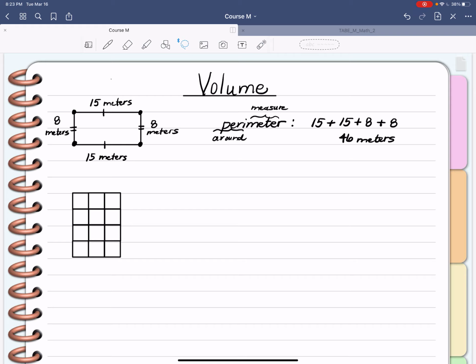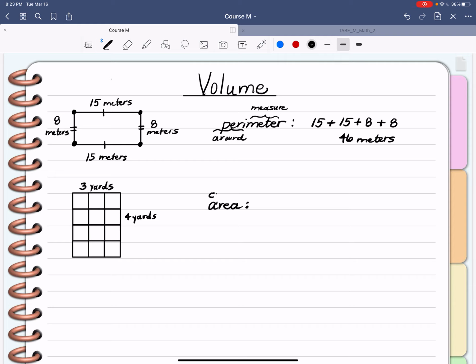Okay, to get an area, this is maybe 3 yards wide and 4 yards tall. So the area is the amount of space inside.